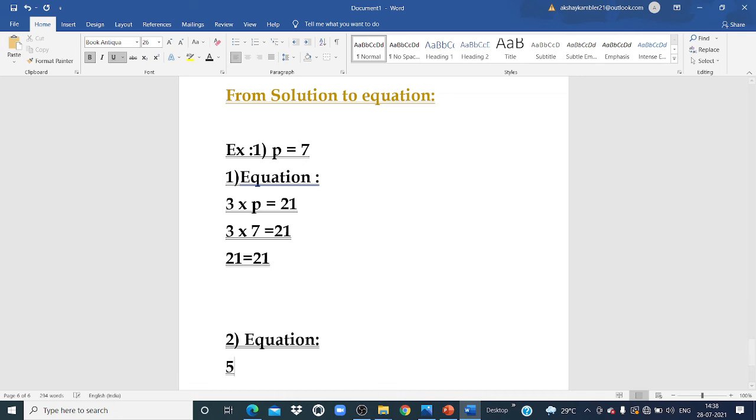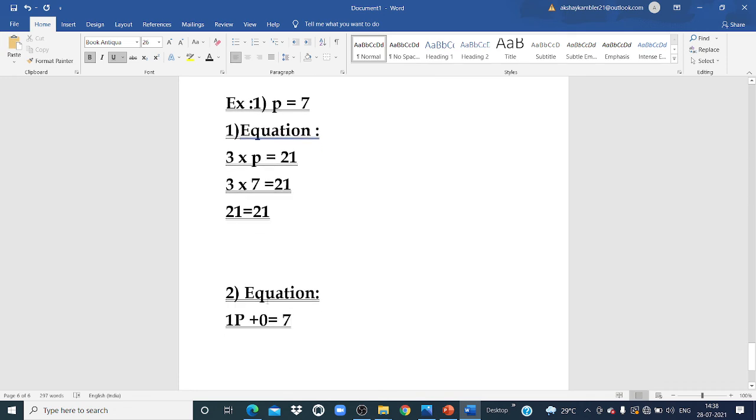Can I write 5p, 1p plus 6, 1p plus 0 is equal to 7? Can I write 1p? It means 7 plus 0. Answer is 7.